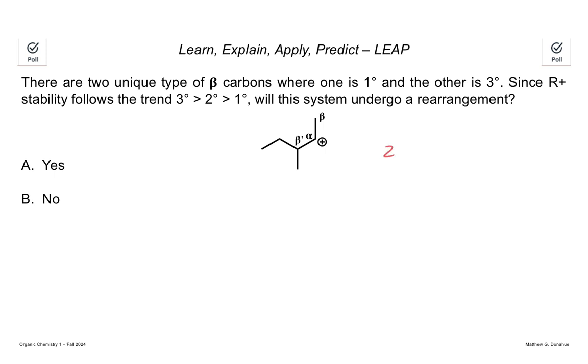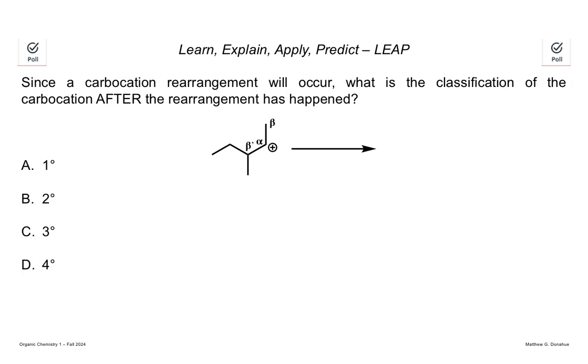So we're starting with secondary. Again, the choice was this. So yes, it will rearrange from secondary to tertiary. I think that's all I'll say about that. Maybe let me redraw this. So one thing that may be confusing: see that plus charge?